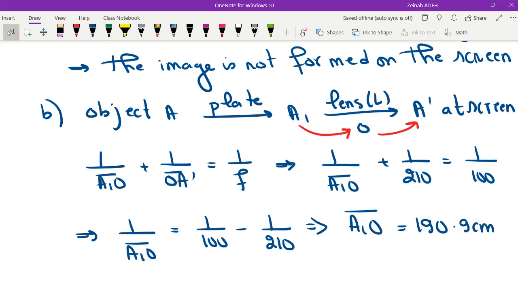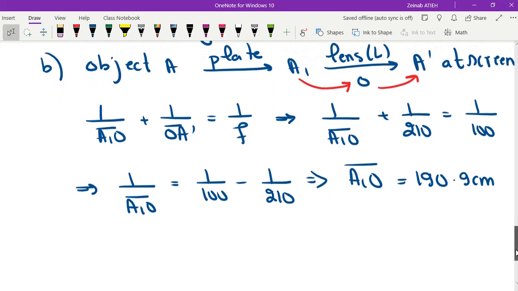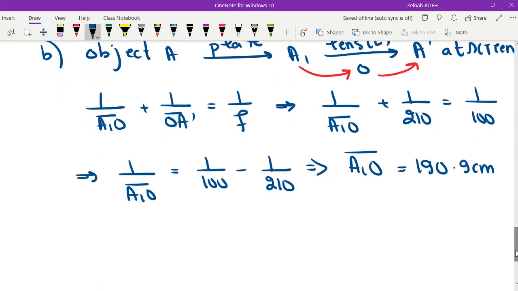Now I will use the relation for the first part, where the object A gives me the image A1. Since light will cross a plate, we have a formula for the plate. The formula says AA1 equals the thickness of the plate into 1 minus 1 over n.